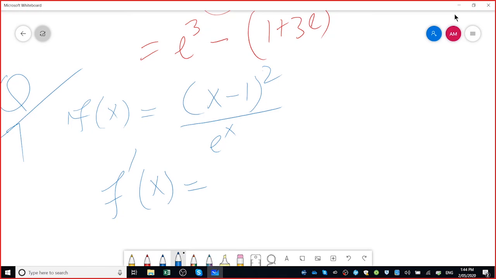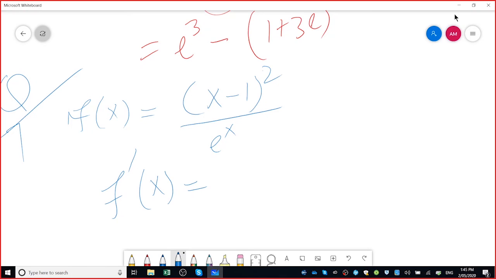2e to the power of x times x minus 1 minus e to the power of x, bracket x minus 1 bracket squared, over e to the power of 2x. Say again, please. Okay, sure.